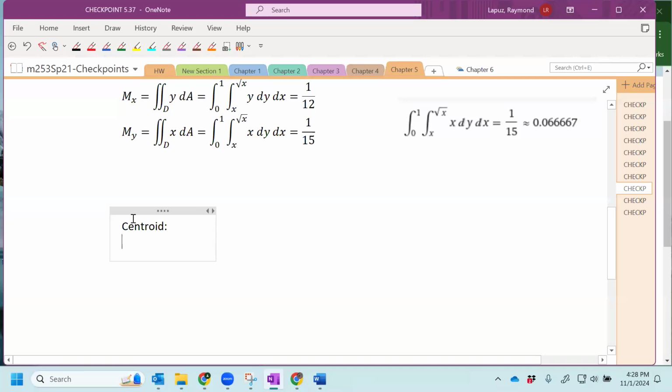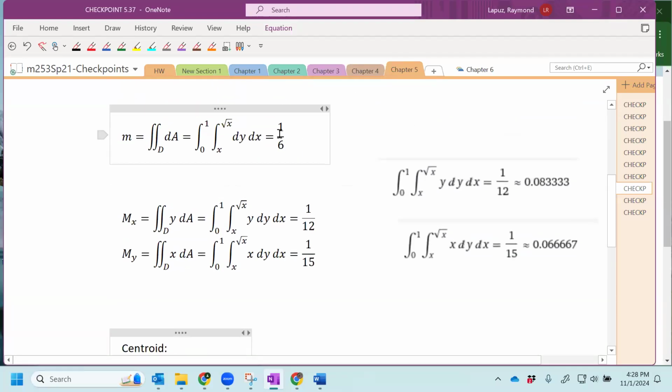The centroid is given by, well, the first one is x sub c, and that's going to be a fraction, M sub y over m. What are those values that we got? M sub y was the one that's 1/15, and the m was 1/6.